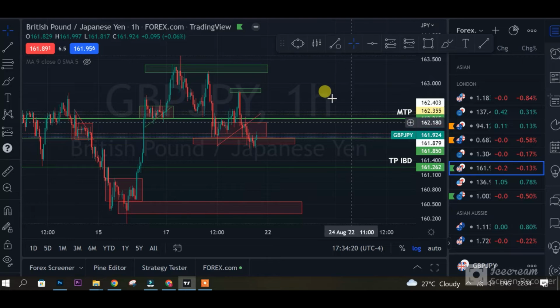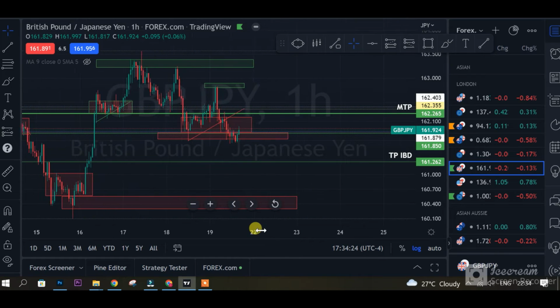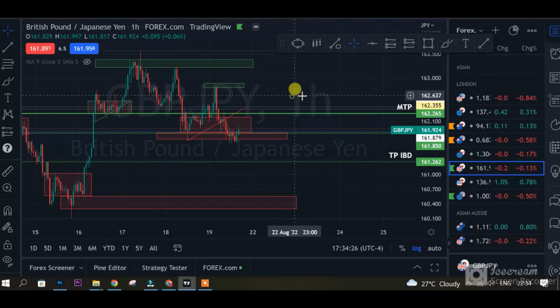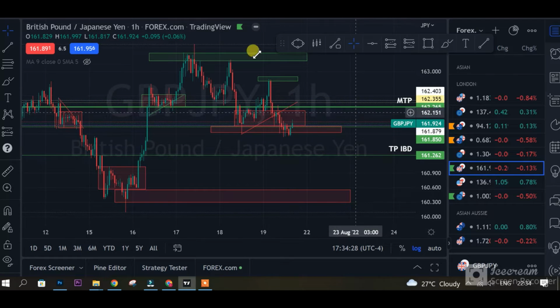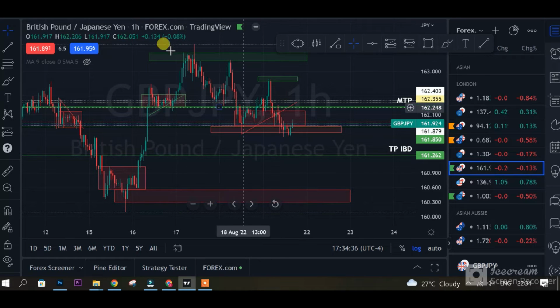So let's talk about that and see how challenging or how successful that can actually be once we zoom into a choppy area. The first thing I would do is select my major trading zones, which is my supply and my demand.